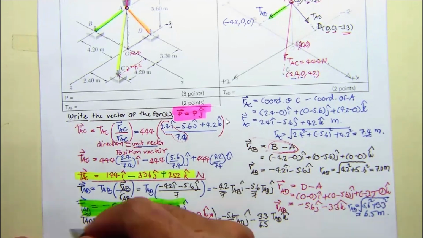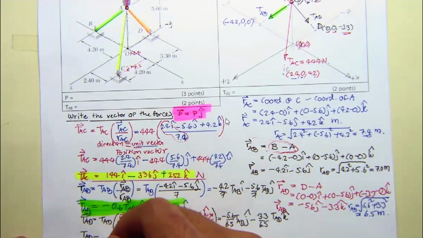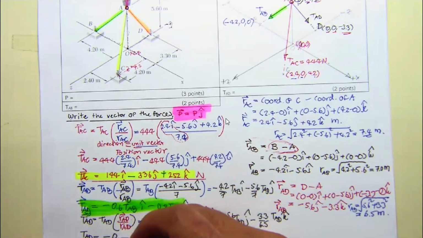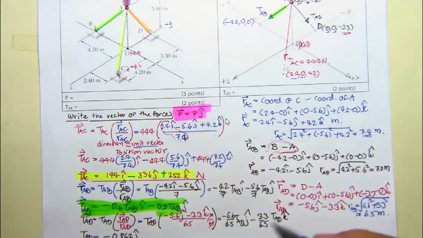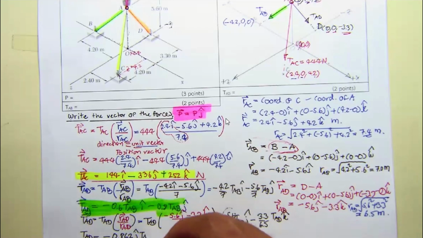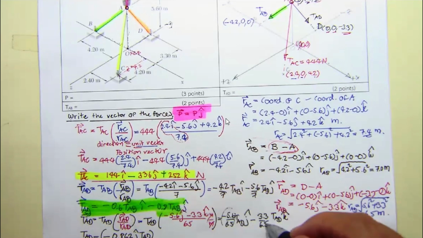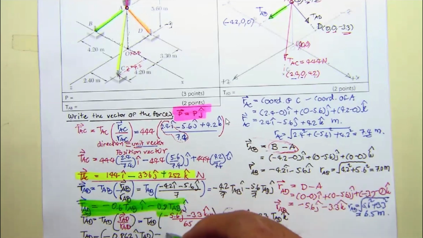You will get T sub AD equal to minus 0.862 J. The first one, T sub AB. This is the first term. And then another term, minus 0.508 T sub AD, and then K.